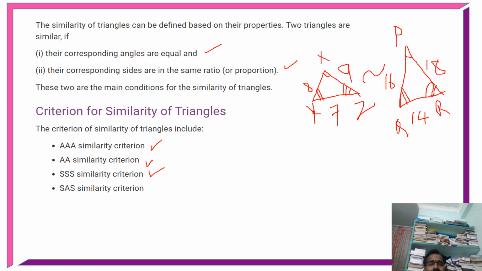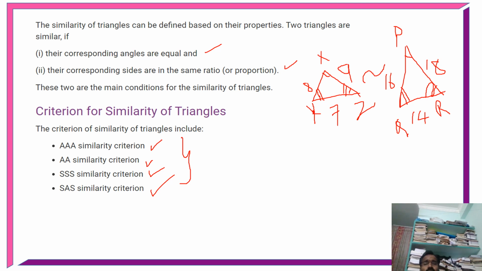Triple S, side, side, side, and SAS, side, angle, side. We have these four only for similarity. If no similarity rule is applicable, they are not similar. Once again, children, to prove two triangles are similar, we have criteria AAA, AA, triple S, SAS.